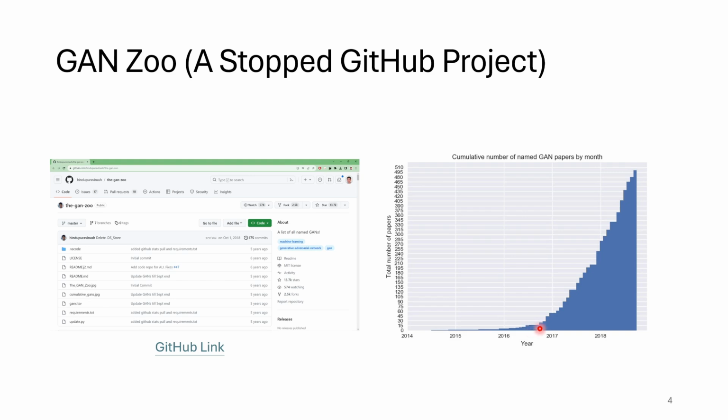From 2017, as you can see, there were only around 45 papers, suddenly increased to 200 papers. And then in 2018, it increased to more than 500 papers. In the beginning, there was a GitHub that wanted to collect all published GAN papers, and soon he found it is impossible because there are too many papers. So this is a stopped GitHub website.